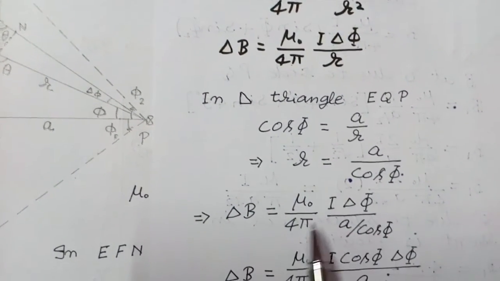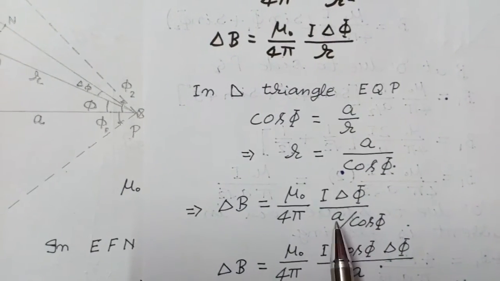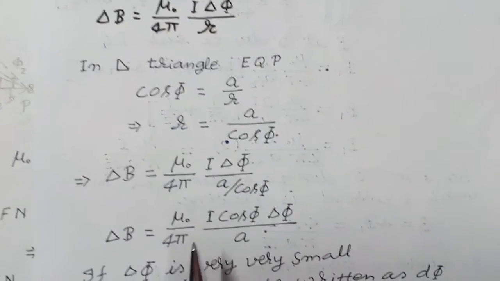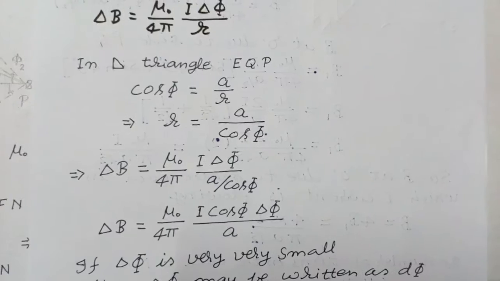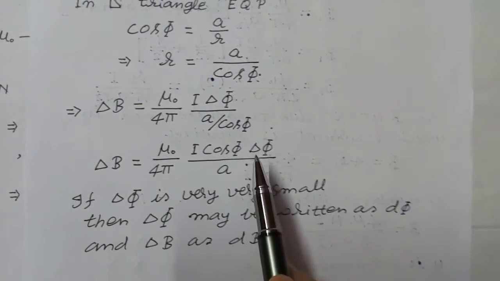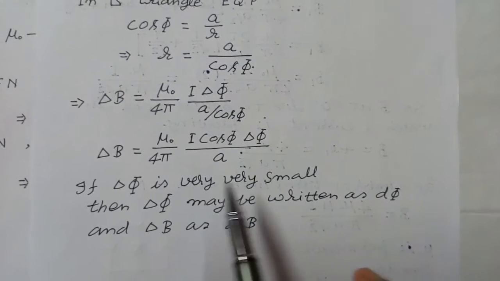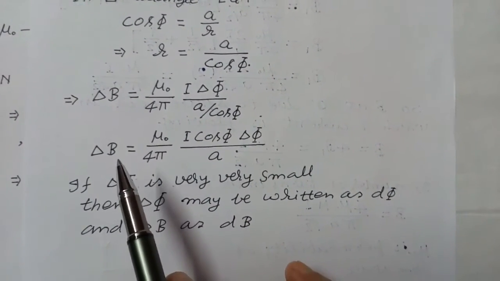So delta B becomes mu naught upon 4 pi, I delta phi upon a upon cos phi. So delta B is equal to mu naught upon 4 pi, I cos phi delta phi upon a. Now if delta phi is very small, then we may write d phi for delta phi and dB for delta B.